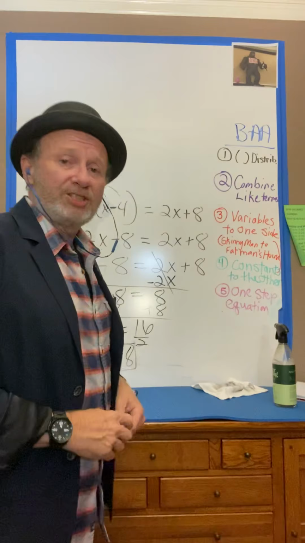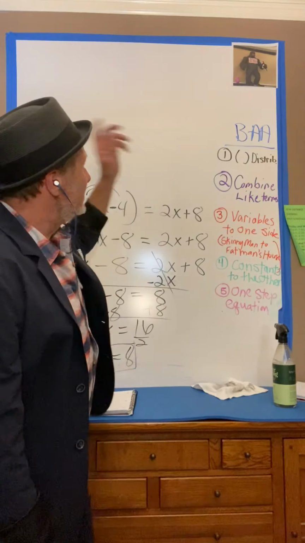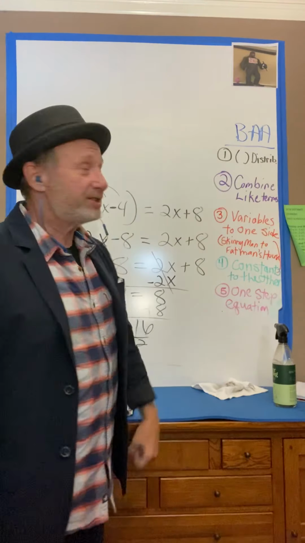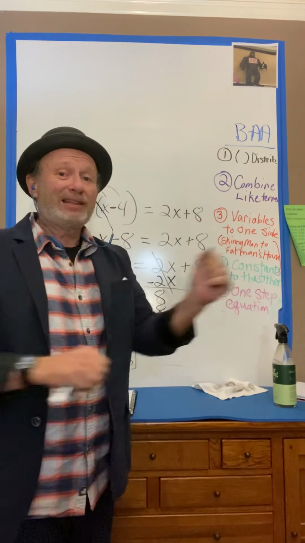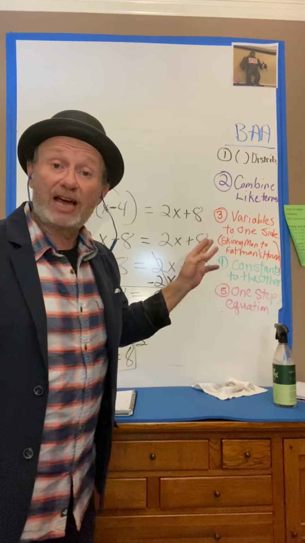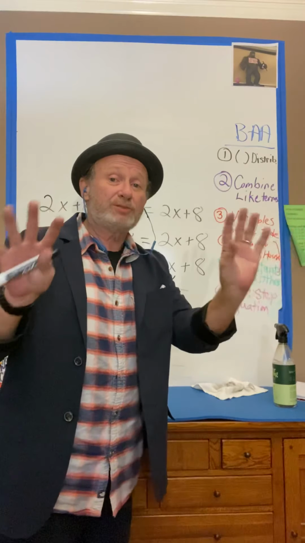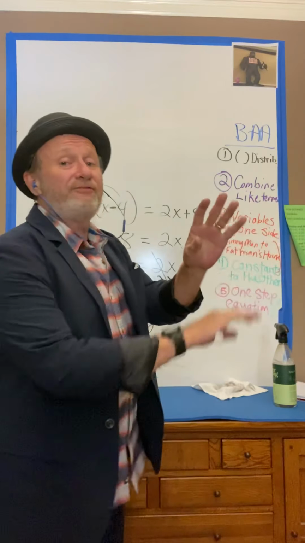All right, so to wrap this up on multi-step equations, just remember Horton's old BAA steps. Step 1, get rid of parentheses. Step 2, combine like terms on either side of the equal sign. Number 3, if you have variables on both sides of the equal sign, move the skinny man to the fat man's house.